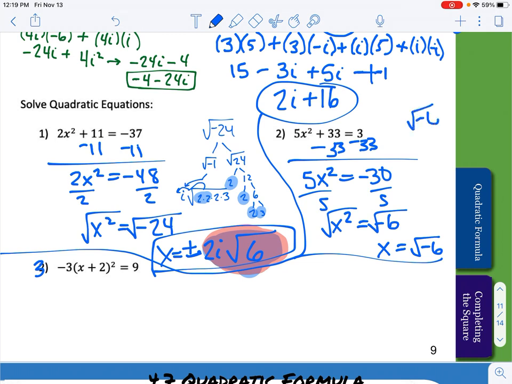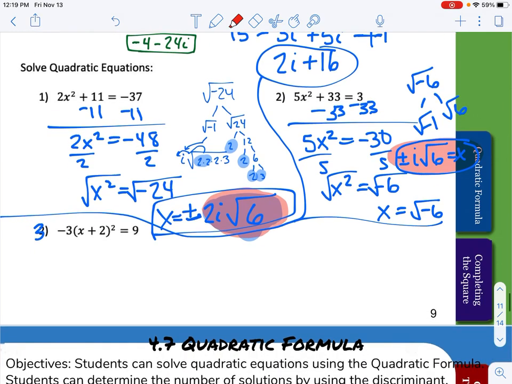We want to split that out into -1 and root 6. Root 6 can't be reduced any further, so we just have i root 6 is our solution. Once again, notice we need plus or minus i root 6 equals x to be completely correct, because there are 2 solutions.